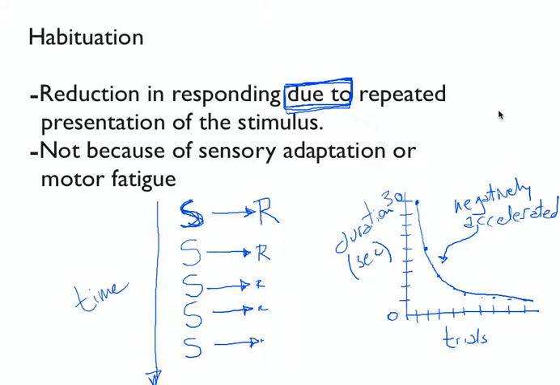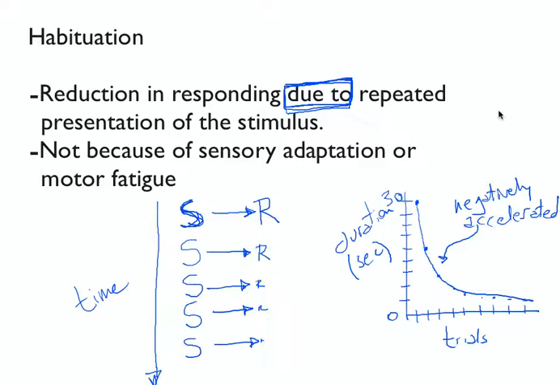I'll discuss sensory adaptation and motor fatigue later on in a later video. But you can think of, for instance, a situation where I present this repeated stimulus over and over and over, and I see a reduction in responding because what I did is, through the presentation of that stimulus, I actually compromised the integrity of your sensory motor system.